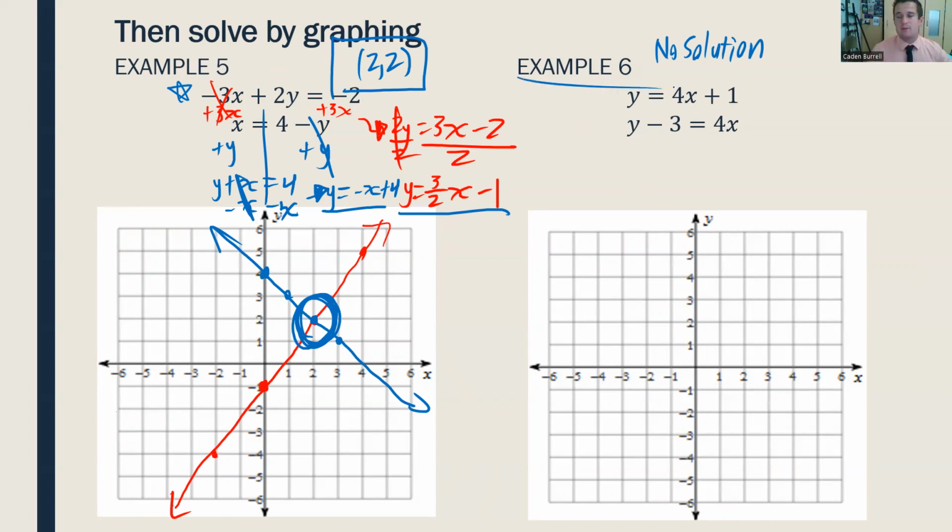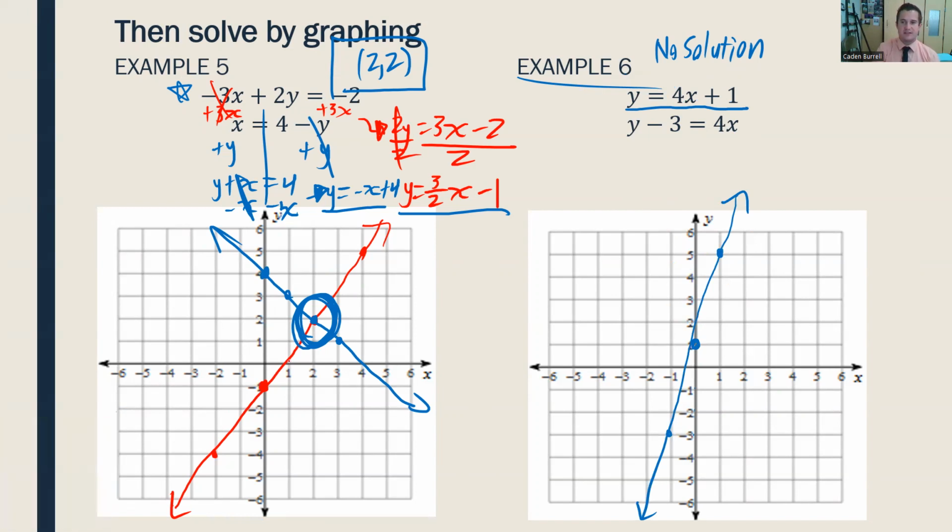Okay, let's solve example number 6 by graphing. Try to be thinking in your brain of what you think these two graphs are going to look like that would yield no solution. This first equation is already in slope-intercept form. So my y-intercept is 1. I go up 4 over 1, down 4, left 1. That gives me, pardon my graph, that line right there.